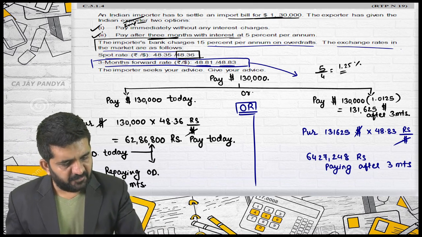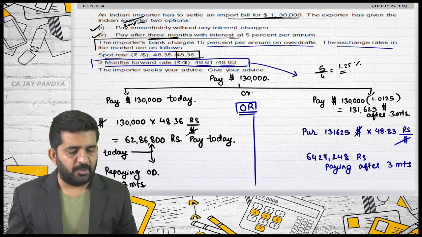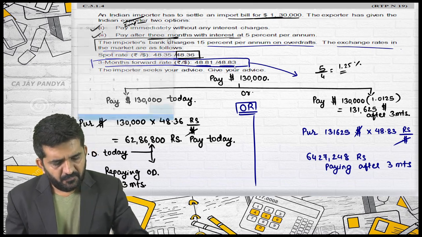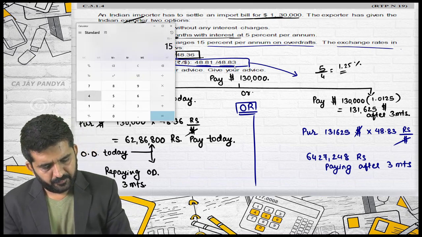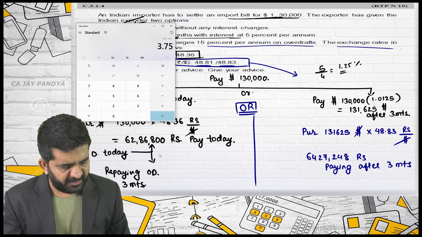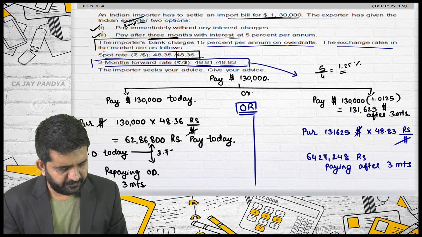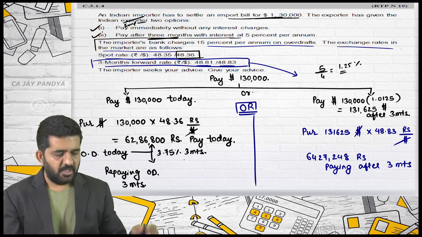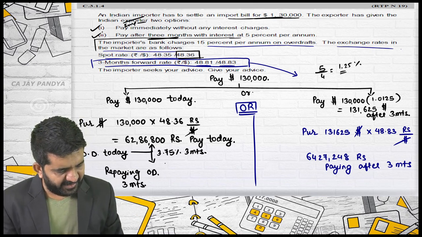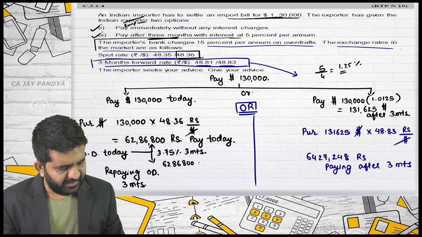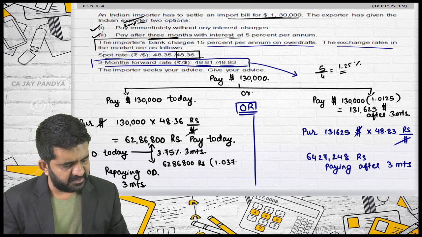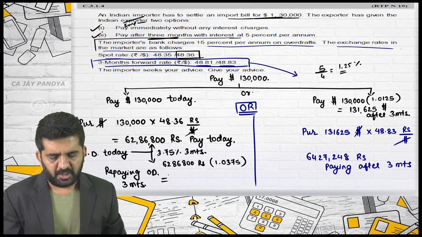Overdraft interest is 15% per annum, so it will be 15 divided by 4, which is 3.75% for 3 months. What I'll end up paying is 62,86,800 rupees multiplied by 1.0375.